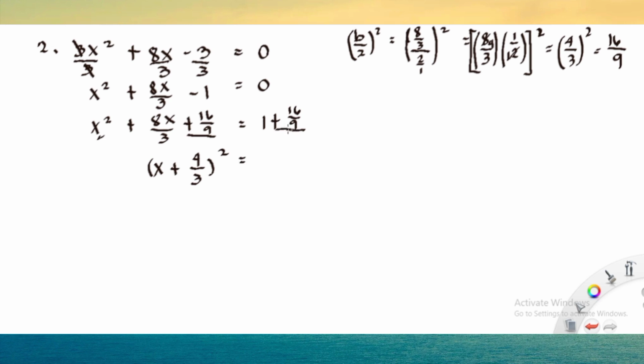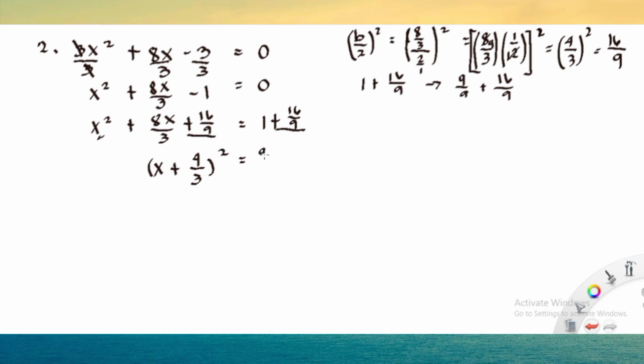So, hindi natin pwedeng i-add because they are dissimilar fractions. So, ang 1 plus 16 over 9, ang 1 pag ginawa natin similar to 16 over 9, this will become 9 over 9. Diba? Para pareho sila ng denominator ng 16. So, plus 16 over 9. And 9 over 9 is equal to 1, right?